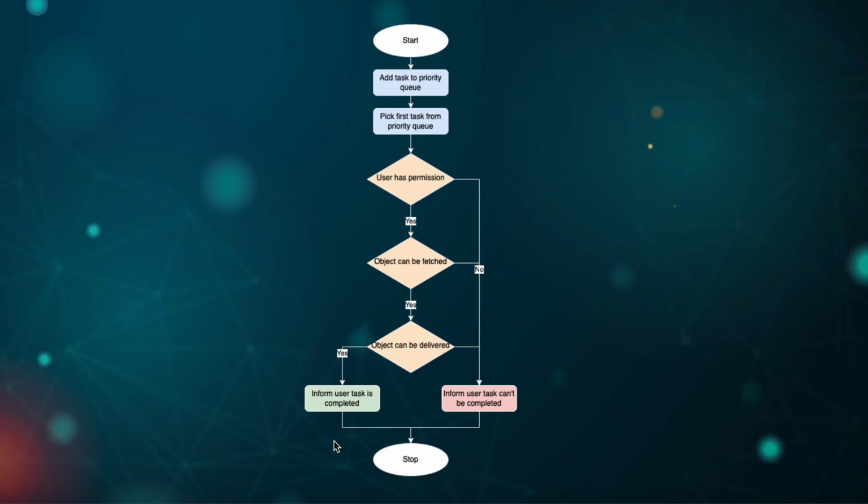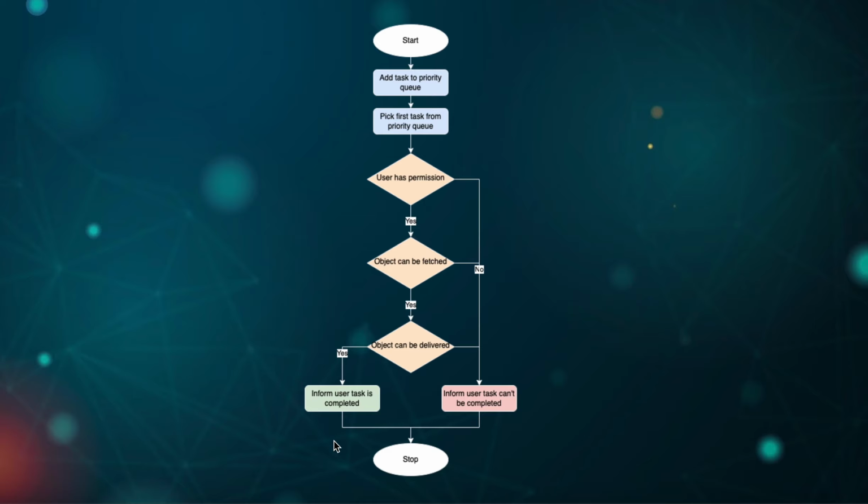It then checks whether the first module, that is, user has permission, returns a yes. If this module returns a no, EthioFetch informs the user that the task cannot be completed.